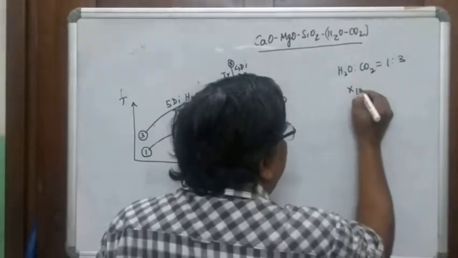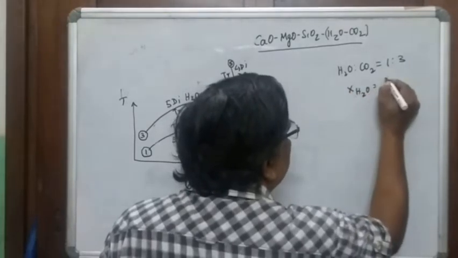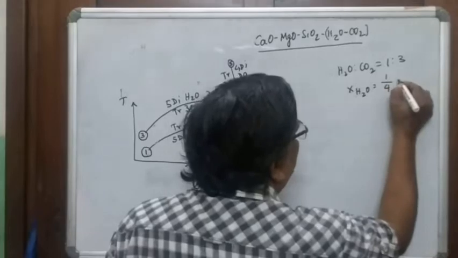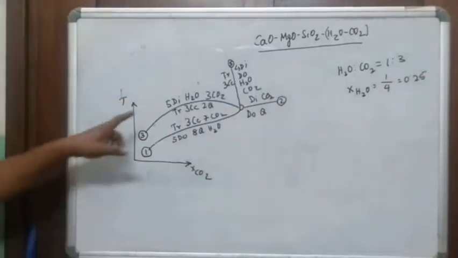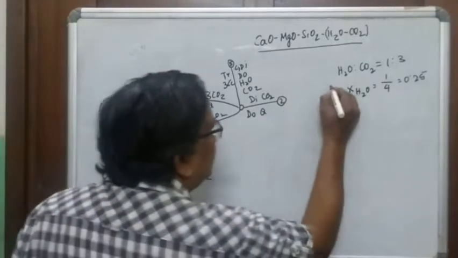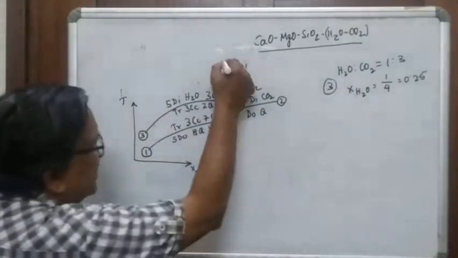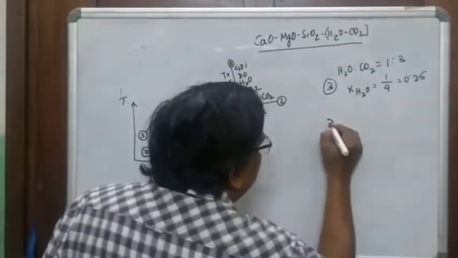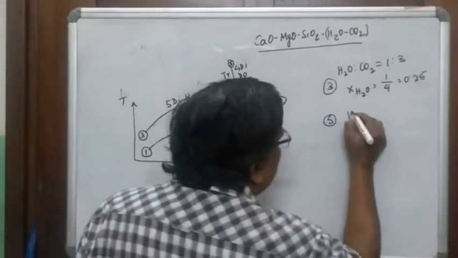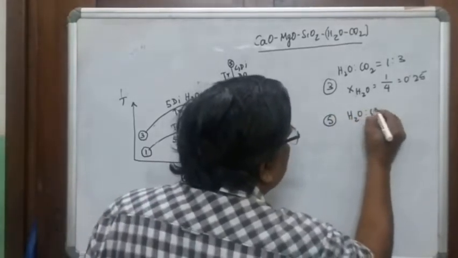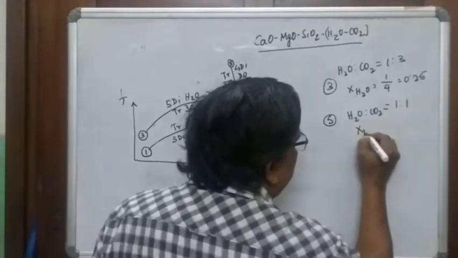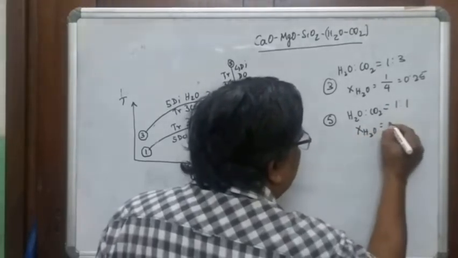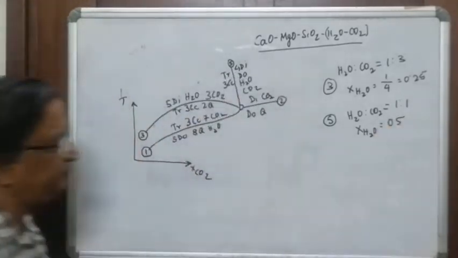That means XH2O is equal to 1 divided by 4, which is equal to 0.25, for this reaction 3. But if you take the reaction 5, then what you're producing is H2O to CO2 equal to 1:1. That means XH2O is equal to 0.5.